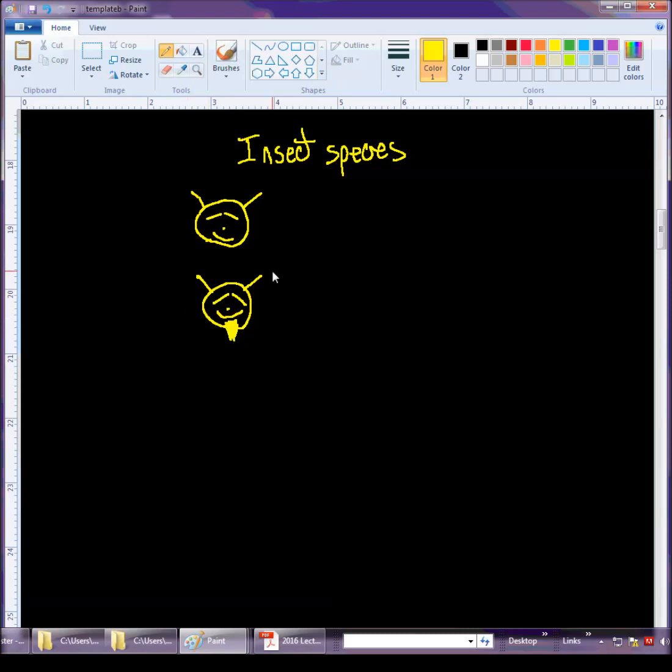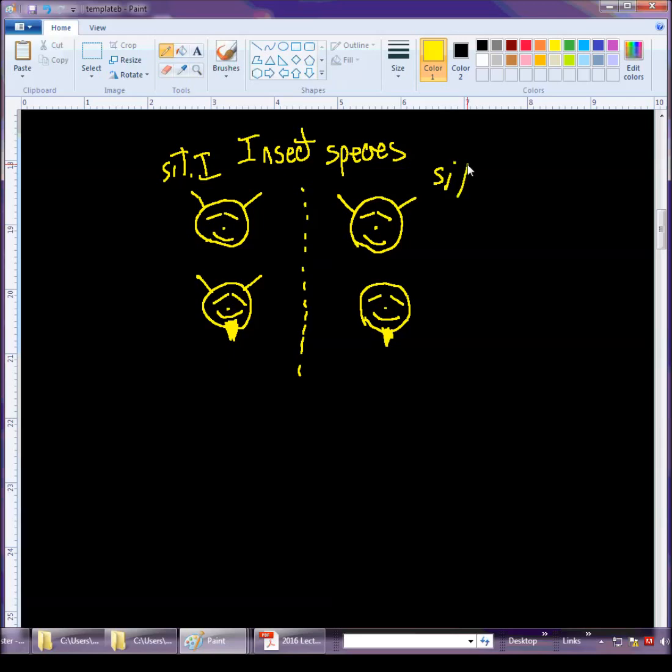I don't know too many females with goatees, so this male has a goatee. I need to do that over here too, because we have two different situations: one where the female is the heterogametic sex, and one where the male is the heterogametic sex. I'm just diagramming the insects first, so we have one possibility here, situation 1, and then situation 2 over here.